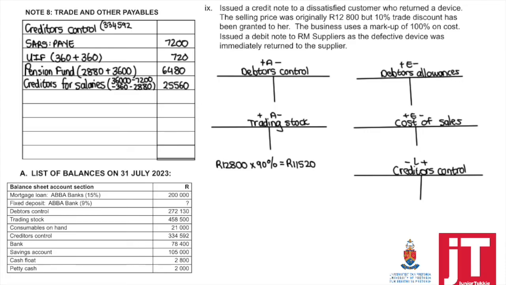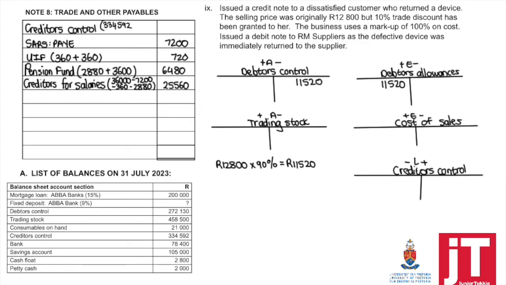If you take 12,800 times 10% and then you subtract that amount from 12,800, you will get exactly the same answer. I just use a shorter way of getting to the same answer. If 12,800 is equal to 100%, minus 10% means that we have sold it at 90%. So that was the value of the goods that we sold.